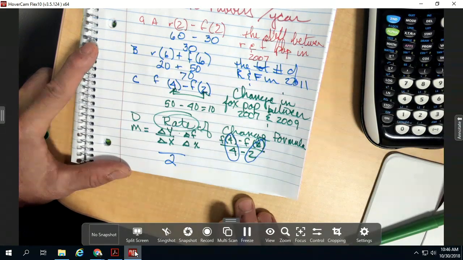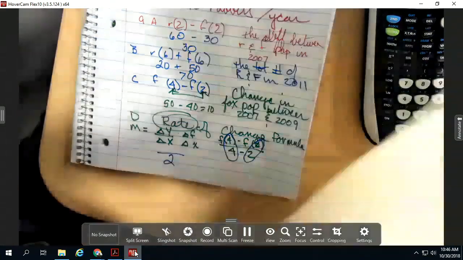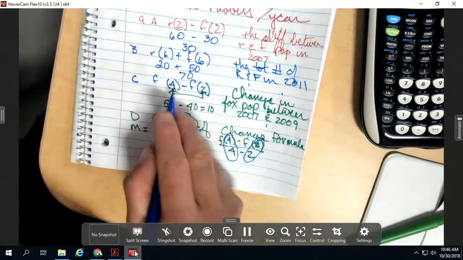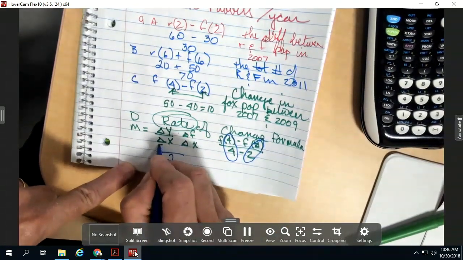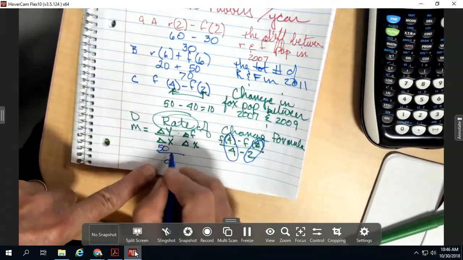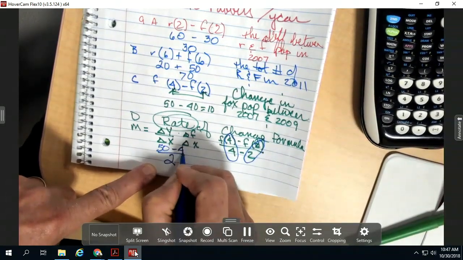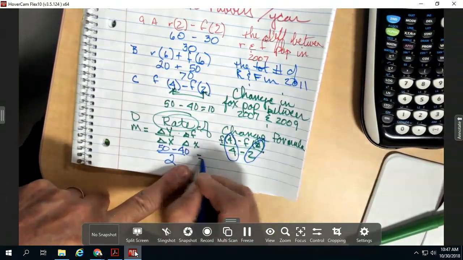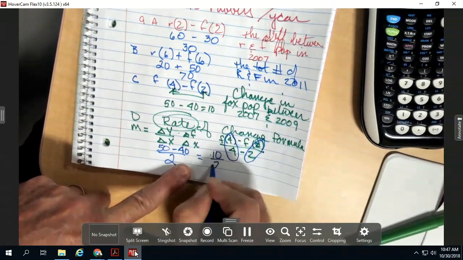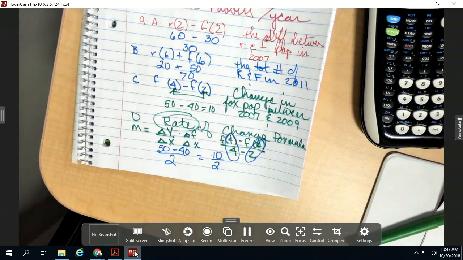How many foxes were there in year 4? Oh, we just did that one, right? 50. How many foxes were there in year 2? 40. So we get 10 divided by 2. I'm getting more and more comfortable with saying 10 for every 2. But mathematically, what would they tell us to do?